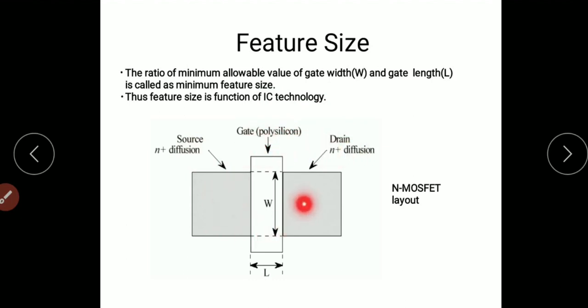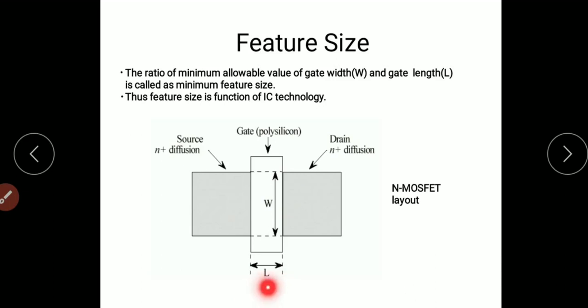Between source and drain the gate terminal will be there, and the gate region separates the source and drain regions. The space between drain and source is called a channel. This channel has a length capital L, and a width called channel width W. This channel length itself is known as feature size.